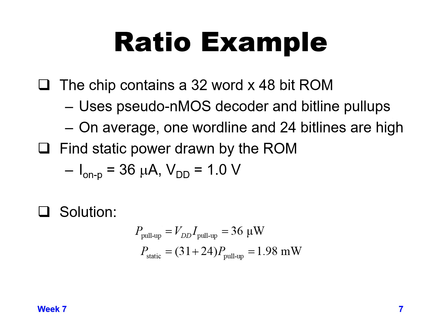So we have 31 plus 24 as the total number of lines that are being pulled low and going to have static power in them, and we multiply that by the pull-up power. So we have 55 times 36 microwatts, which is 1.98 milliwatts. So just for this one small decoder in our overall chip, we're getting 2 milliwatts worth of power. If we had a much larger design, or a whole lot of these throughout the chip, we're going to get a lot of static power, not leakage.